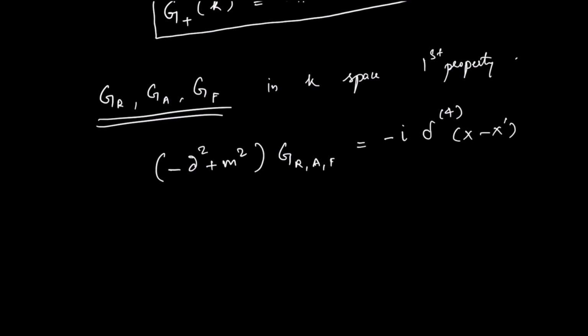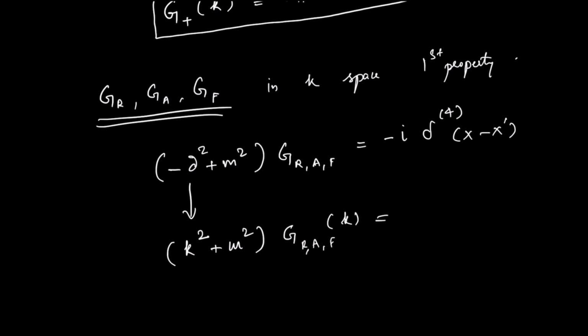Minus del square plus m square g r a f is equal to minus i Dirac delta in 4 dimension x minus x prime. So taking the Fourier transform on both sides, the Fourier transform of del square will be minus k square. So minus del square will be k square plus m square, then the Fourier transform of G r a f of x will be G r a f in k space.